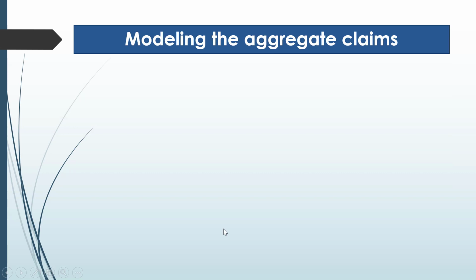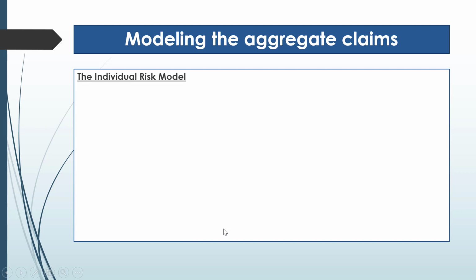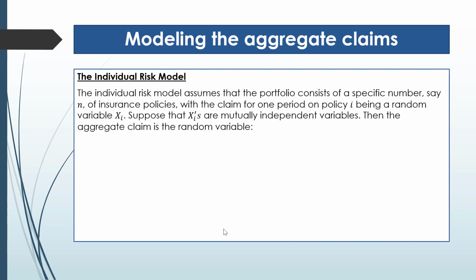Modeling the aggregate claims. The individual risk model. The individual risk model assumes that the portfolio consists of a specific number, say n, of insurance policies, with the claim for one period on policy i being a random variable Xi.